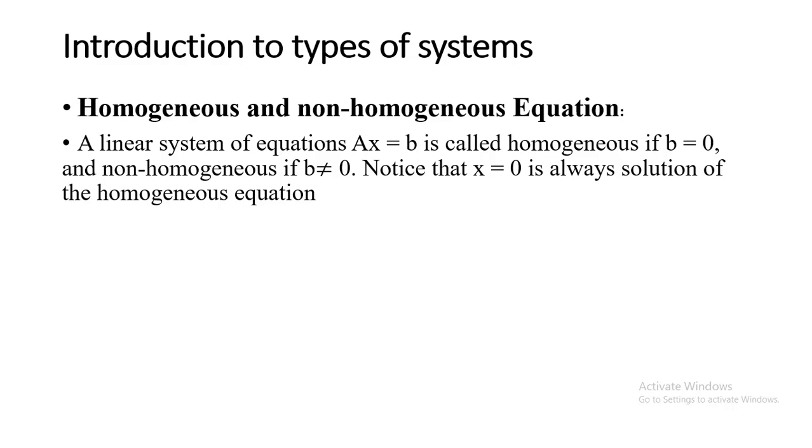Now what does that exactly mean? Whenever a system of linear equations is written in matrix form, it has the form Ax equals b. A general linear system of equations is written in this form, Ax equals b, where A is the coefficient matrix, x represents the variables, whereas b represents the constants involved.